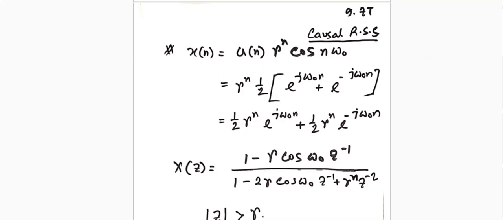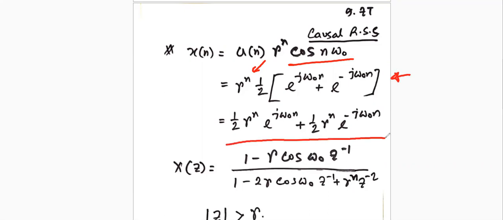Now, for the solution, we have r to the power n, and from Euler's equation, cos omega 0 n is equal to e to the power j omega 0 n divided by 2 plus e to the power minus j omega 0 n divided by 2. So this is the expression using Euler's equation.